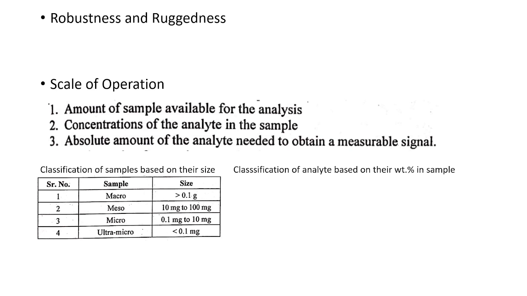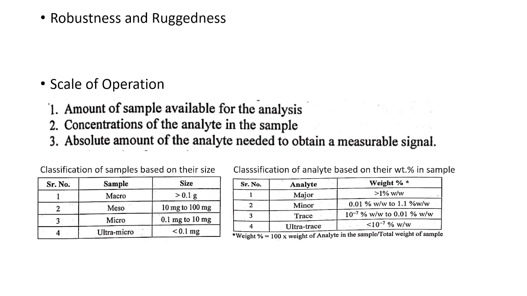The next table gives you classification of analyte based on its weight percent in the sample. Major is more than 1%, minor is 0.01 to 1%, trace is 10 raised to minus 7 to 0.01%, ultra trace is less than 10 raised to minus 7%.